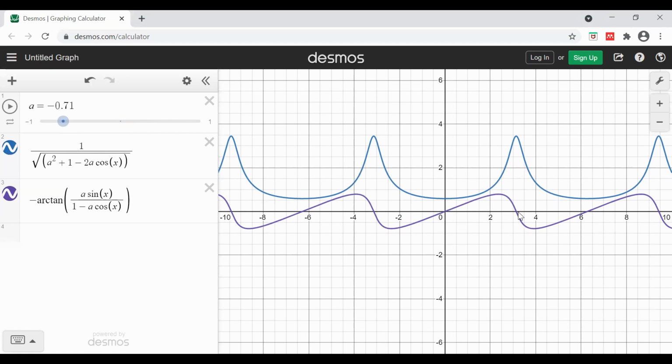This makes sense because once we have an a that is negative, the signal has an alternating sign. It's positive and negative all the time, and that makes the high frequency of the signal very strong.